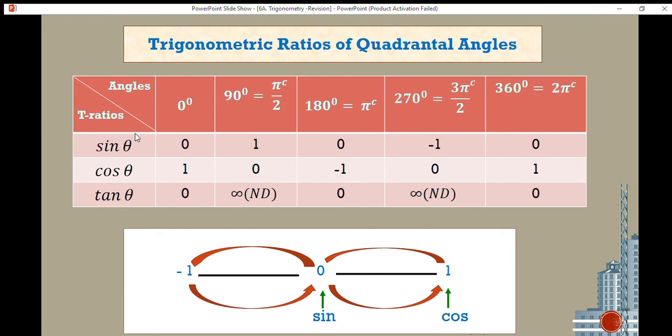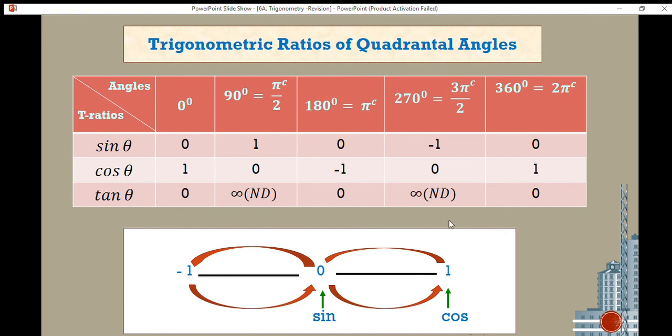So now let us see what are the values for sine and cos first of all. See, these are the quadrantal angles 90, 180, 270, 360. But in this table we are going to consider from 0. 0 is not a quadrantal angle, but we have to consider it here to remember the next values. Now to remember this table you have to remember this figure.